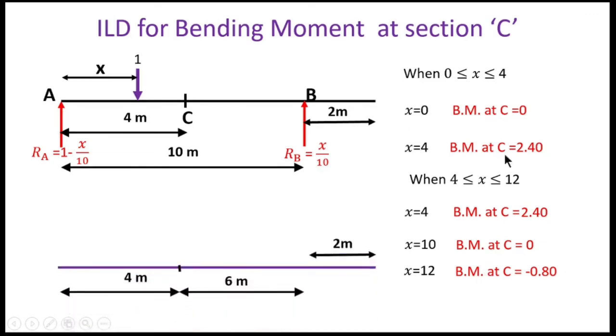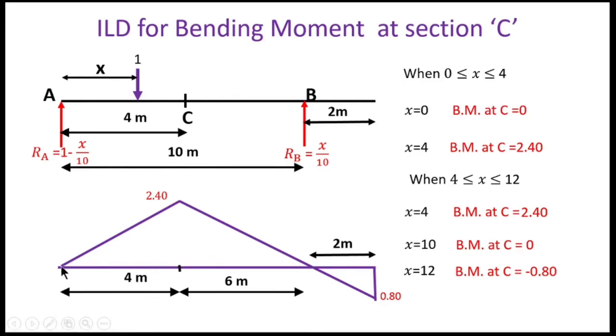So draw a line whose length is equal to the length of the beam, and put all these ordinates along the length of the beam: 0, then 2.4, then 2.4, 0 and minus 0.8. This is 2.4 at the location 4 meter, and at 12 meter it is minus 0.8. Above the line is positive and below the line is negative.